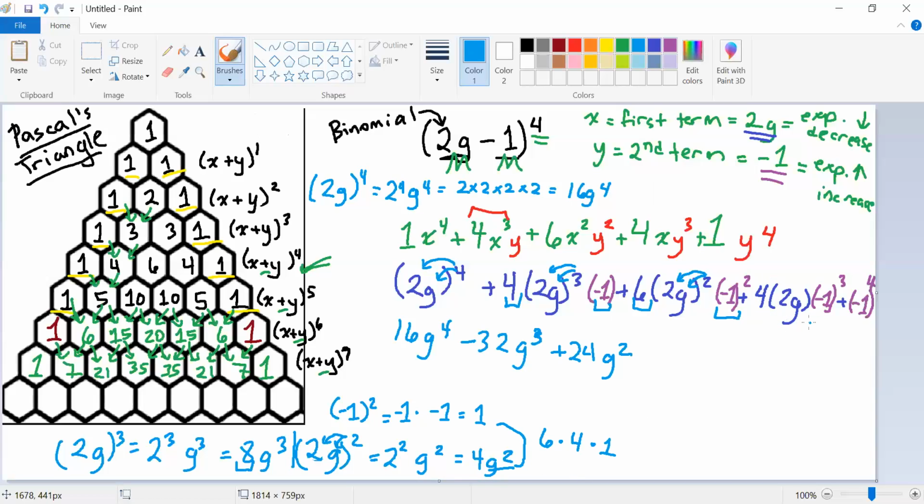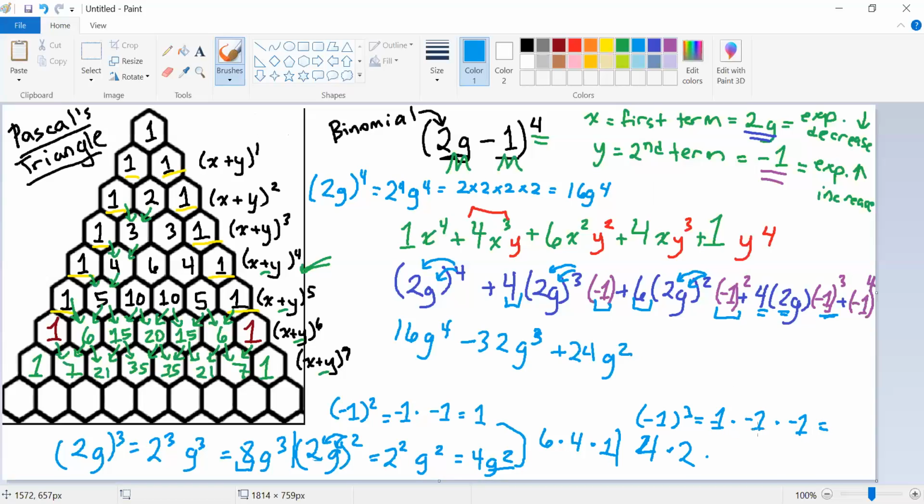And now it's going to be the same idea. I'm multiplying the 4 and the 2, and the negative 1 to the third power. So negative 1 to the third power, that's the same as saying negative 1 times negative 1 times negative 1.